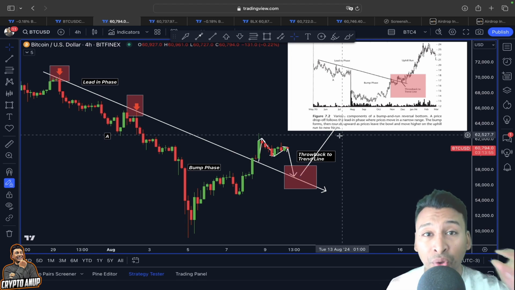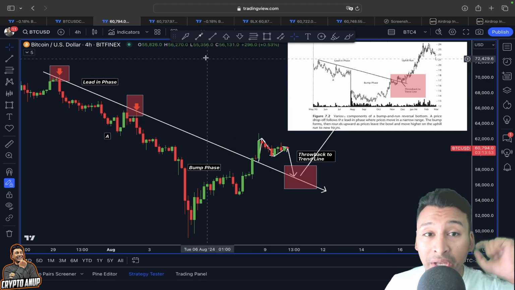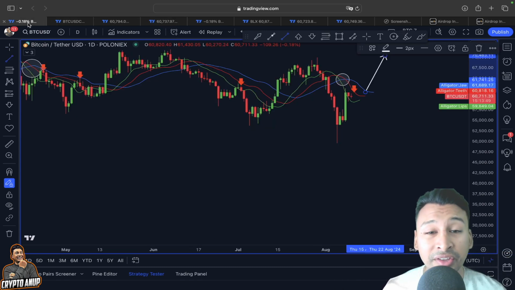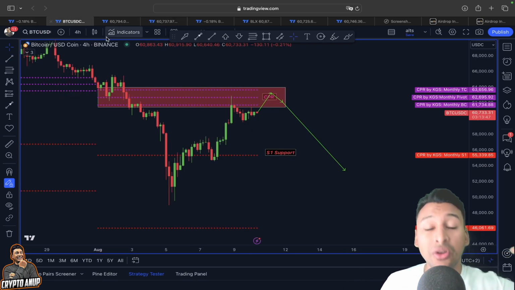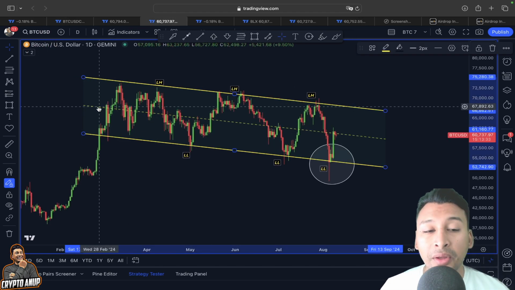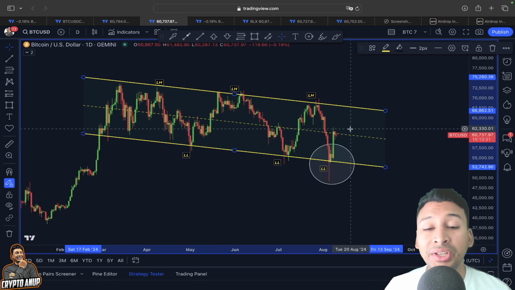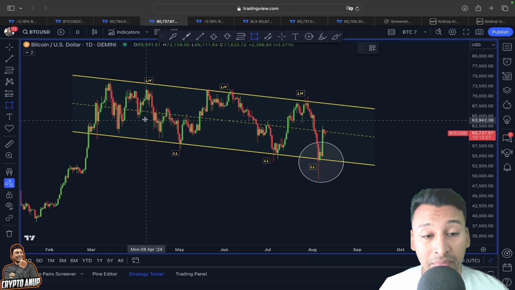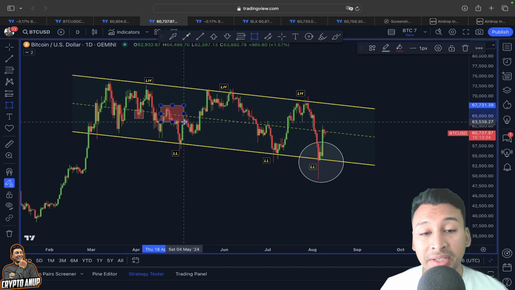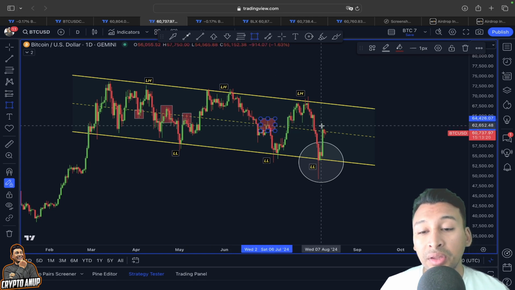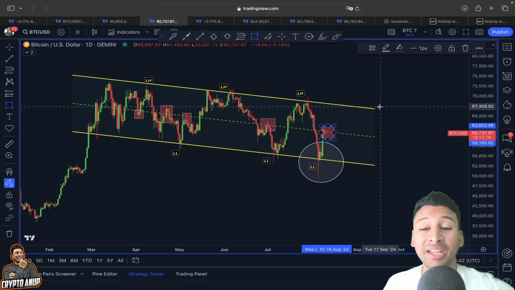But now we have to be careful because price here is not just only facing resistance from this Williams alligator indicator, resistance from this CPI indicator, but we are also facing resistance from this middle line, from this falling channel or descending channel. Yes guys, this descending channel middle line, which acted as a strong line of support and resistance, is rejecting us around 61,000, 63,000.